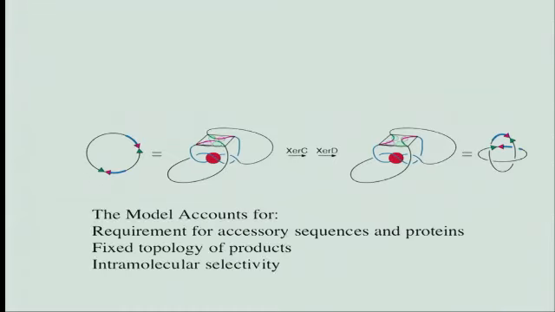Okay. And so the model accounts for the requirements for the accessory sequences and the proteins, the fixed topology of the product, and this intramolecular selectivity.